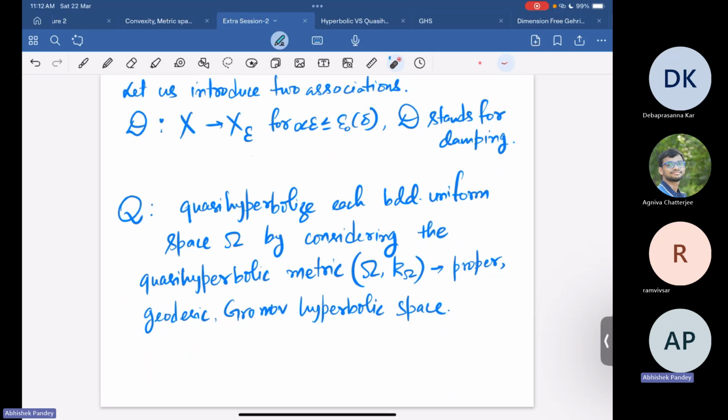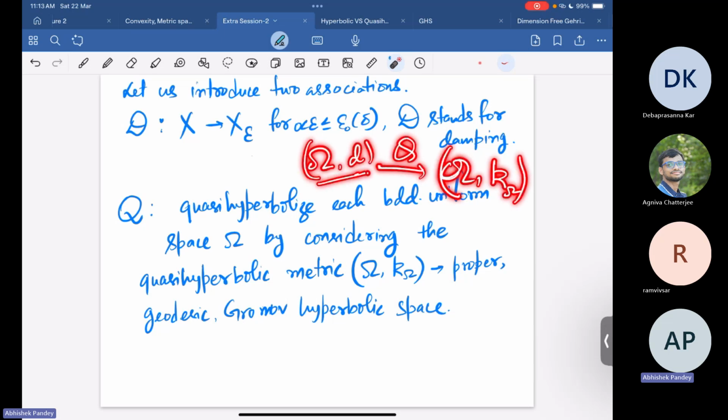And Q we will denote quasi-hyperbolization: for each bounded uniform space Omega, we consider the quasi-hyperbolic metric on this space Omega.